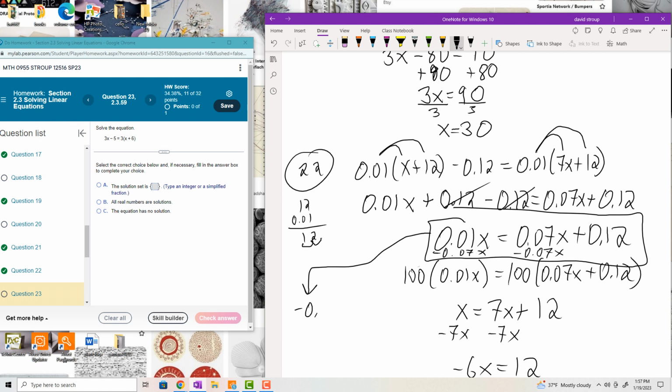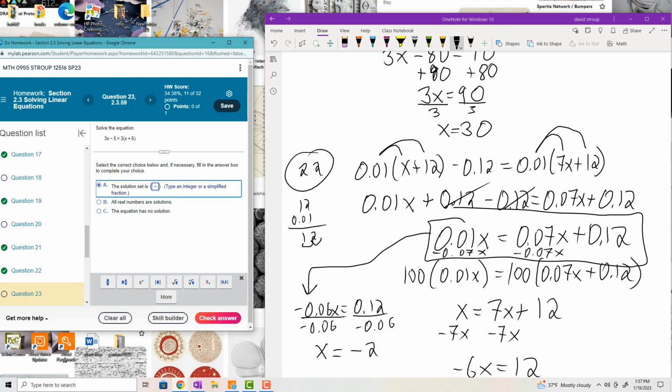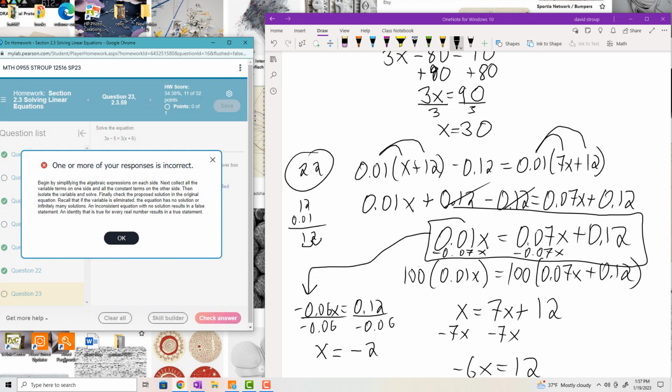So you get negative 0.06x equals 0.12, and then you're dividing by negative 0.06 on both sides. And of course, you'll get the same answer, negative 2. If you go to your calculator, you may need to go to your calculator for the division there, but negative 2, and then check it.